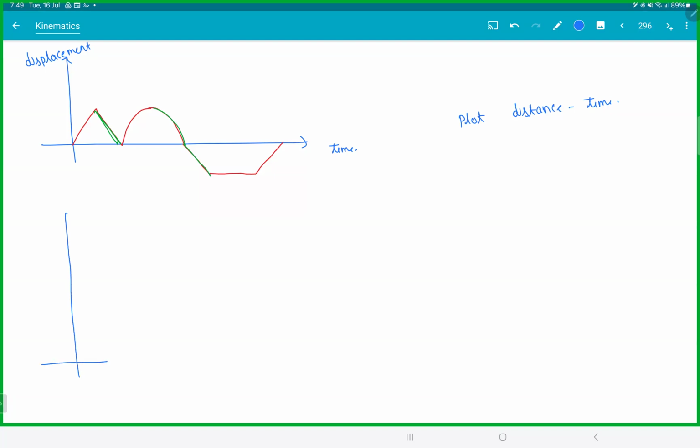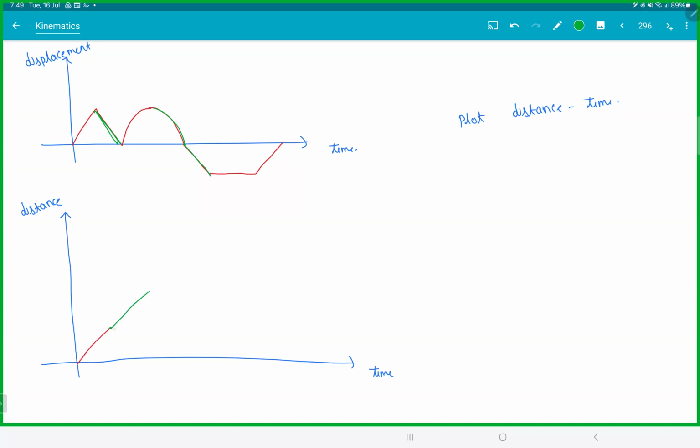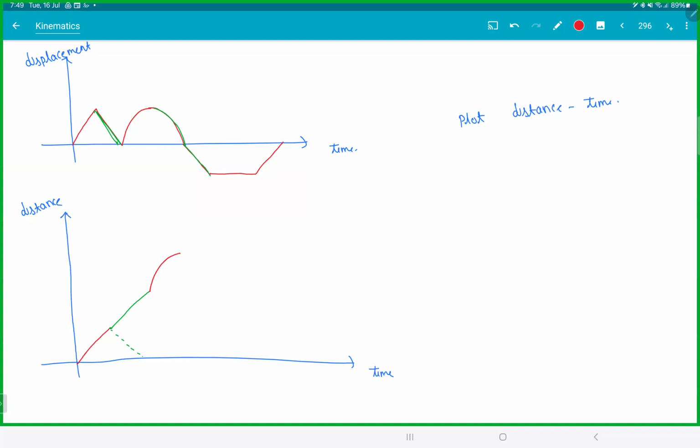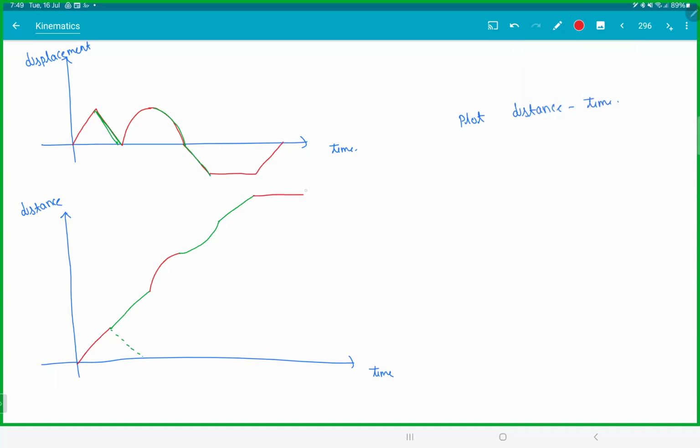The red ones can just simply be added up. So this would be a line. The green one will go up. Then the green will flip. This also will flip. Then this will be flat and this will be this.